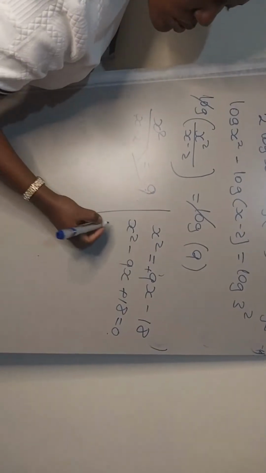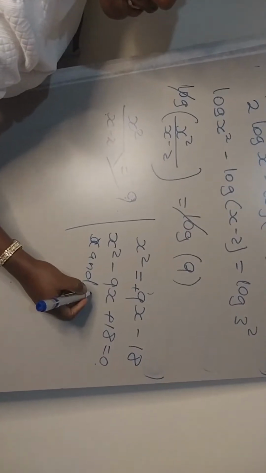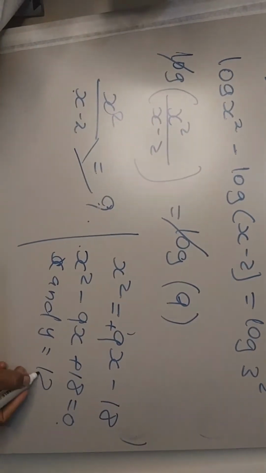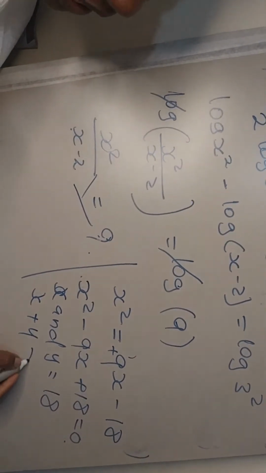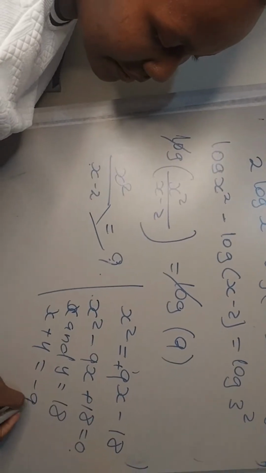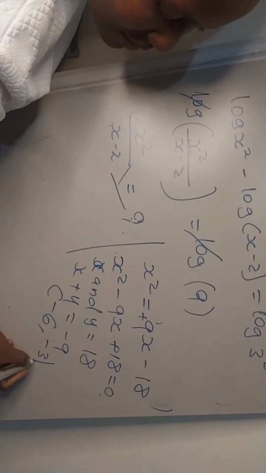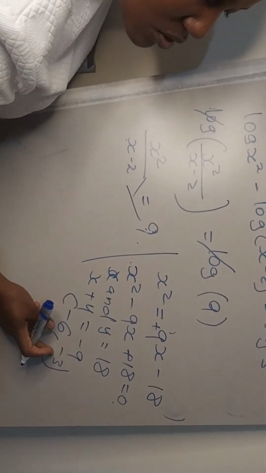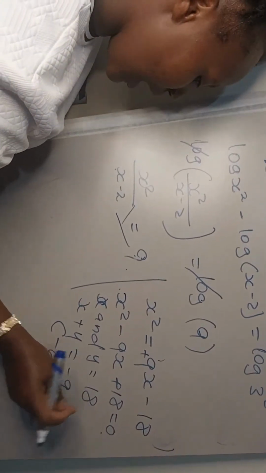Now here I want two numbers. When I multiply, I get 1 times 18, which is 18. But when I add them, I get part b, which is negative 9. The numbers will simply be negative 6, negative 3. When you multiply minus 6 and minus 3, we know minus times minus is positive, so we'll simply get 18.